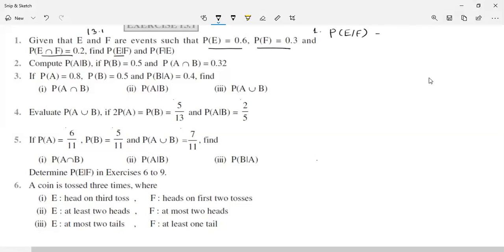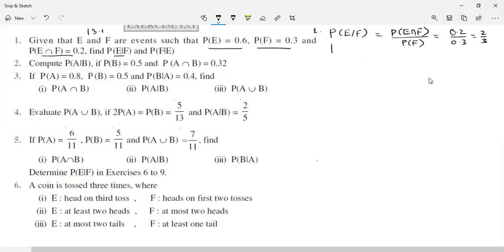Since F has occurred, you know that it is probability of E intersection F divided by probability of F. So probability of E intersection F is 0.2 and probability of F is 0.3. The point and point will cancel, so the answer is 2 by 3.